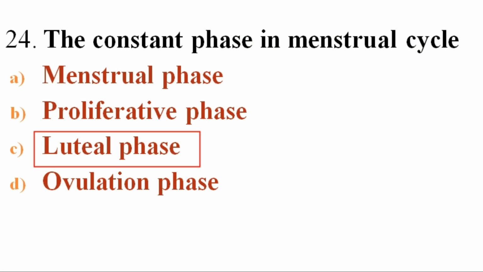That is, the period between ovulation to the beginning of next menstruation is called luteal phase or secretory phase or post-ovulatory phase. The length of this phase is fixed, that is 14 days. So the most constant part of the female reproductive cycle is the luteal phase.